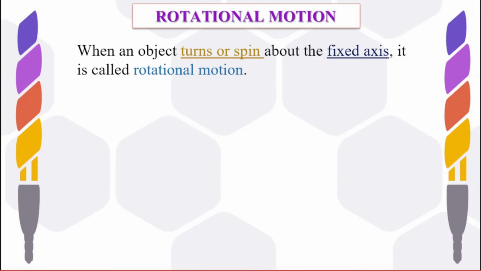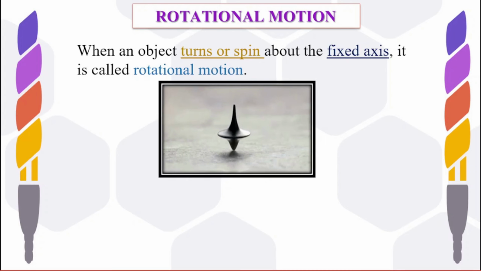Next we are going to discuss rotational motion. When an object turns or spins about a fixed axis, it is called rotational motion. Example: a spinning top. The spinning top is connected to the earth at a fixed axis and turns itself.